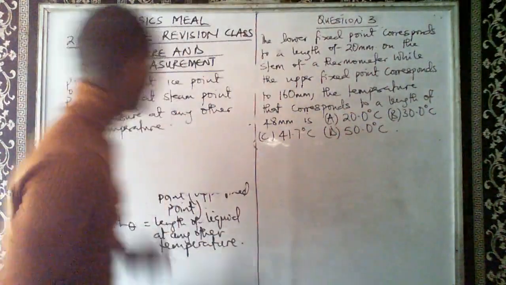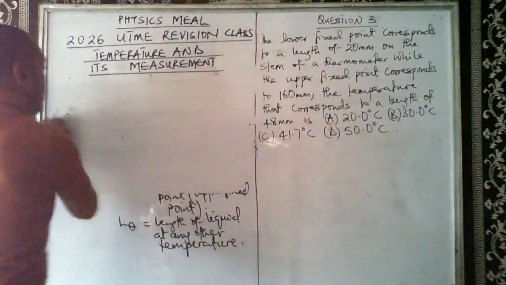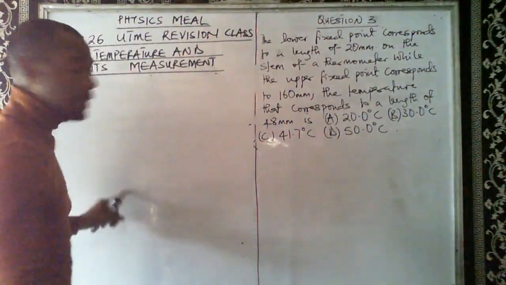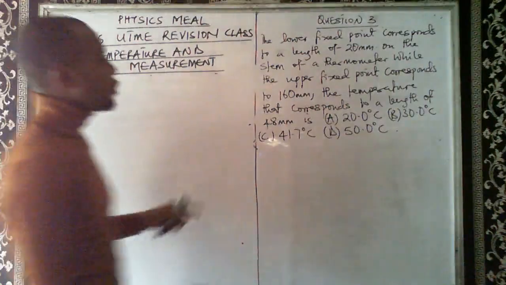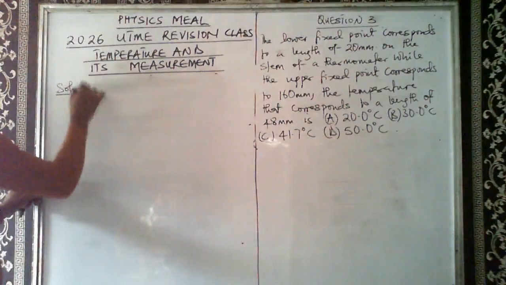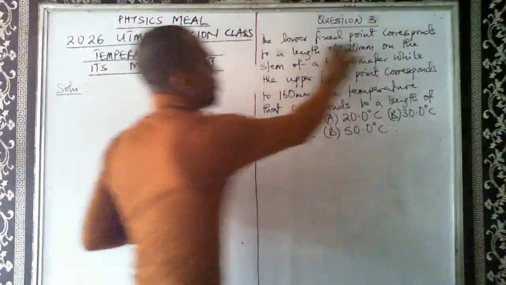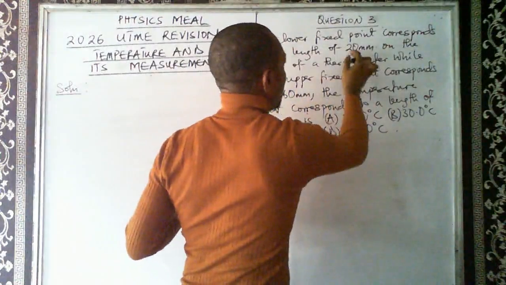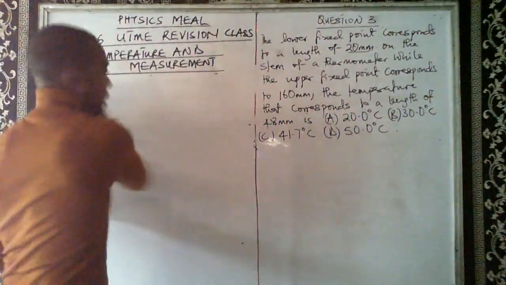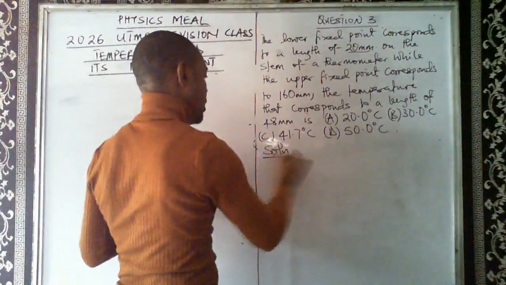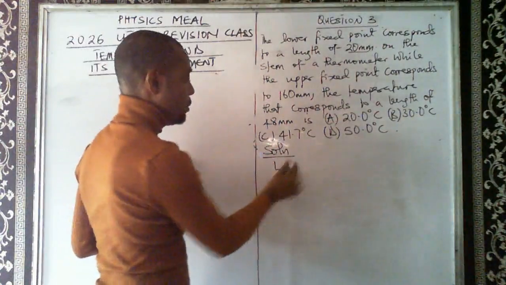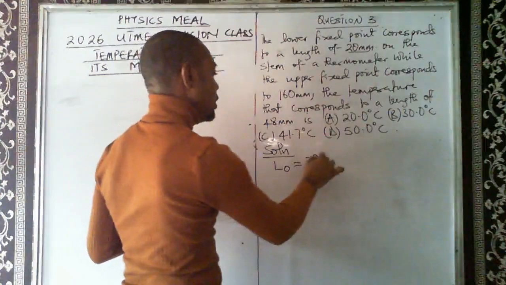Okay, for clarity, we have to solve it on this part of the board quickly. So for us to solve, we need to bring out the parameters given in the equation. So solution to this. The lower fixed point corresponds to a length of 20 millimeters. Let's list our parameters here. The length at lower fixed point, the symbol is L0, is 20 millimeter.